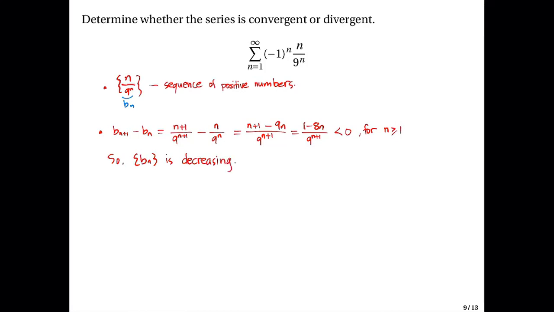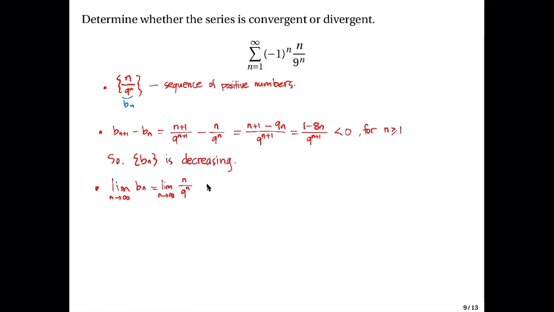Next step, you just need to find the limit of Bn as n approaches infinity. So, this is just the limit of n over 9 to the n as n approaches infinity.